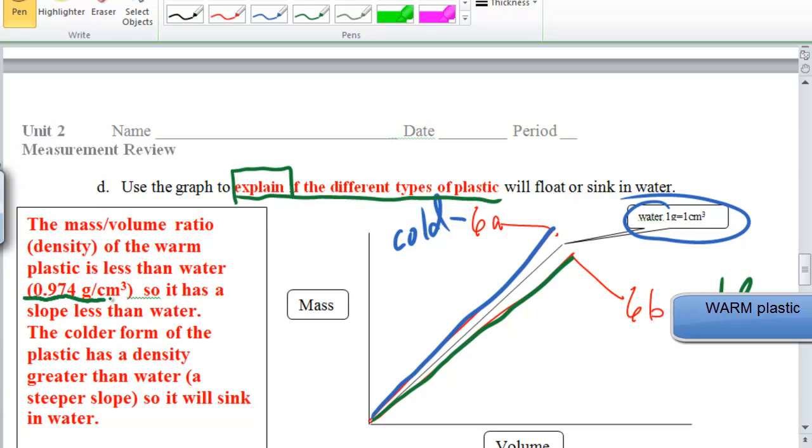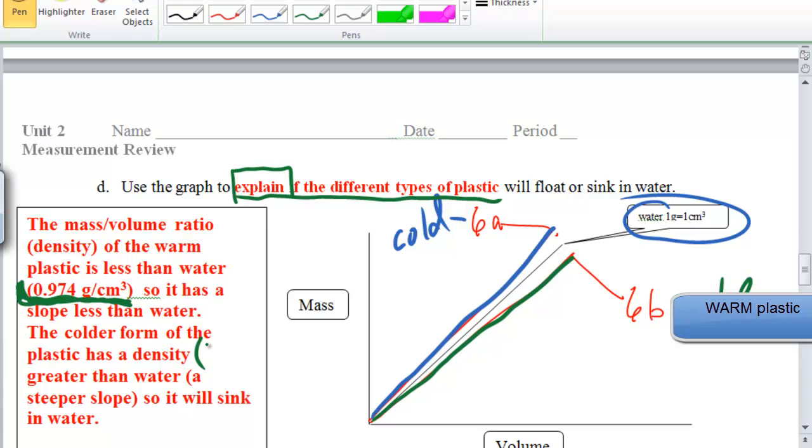That's an important thing to do when we're making statements in science, is to quote our data. So it has a slope less than water. The cold form of the plastic has a density, and that should be written in here.